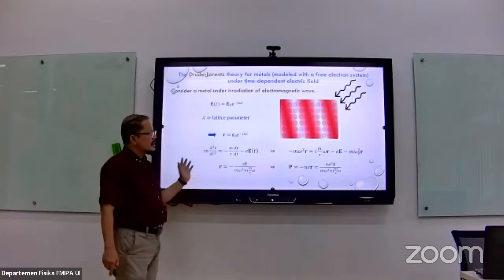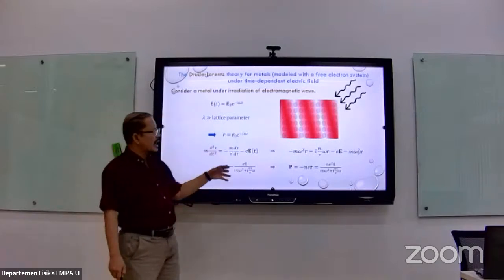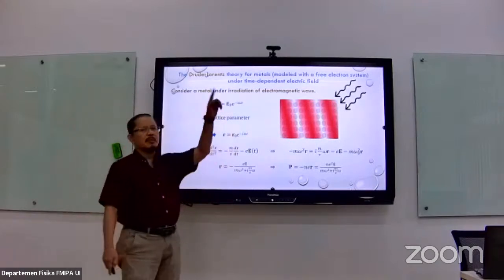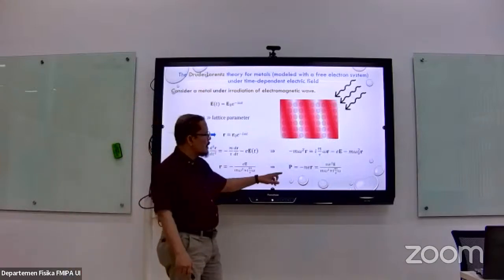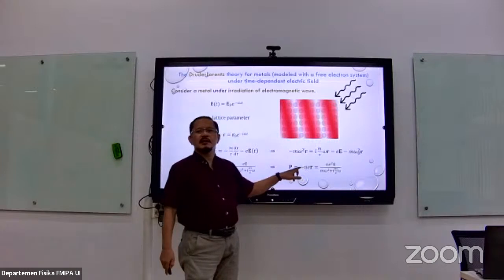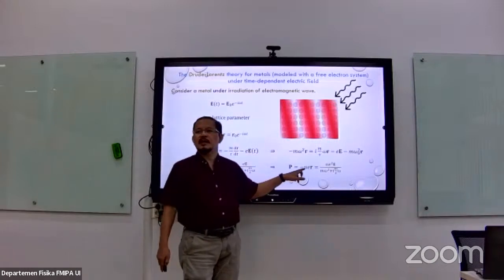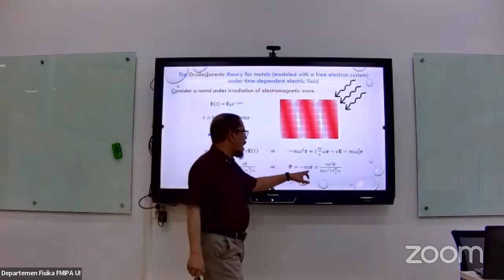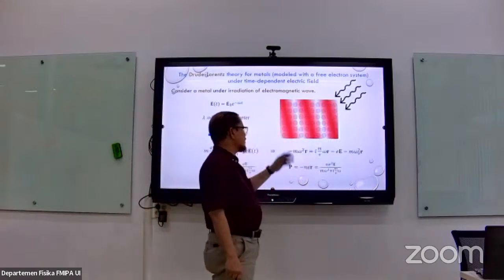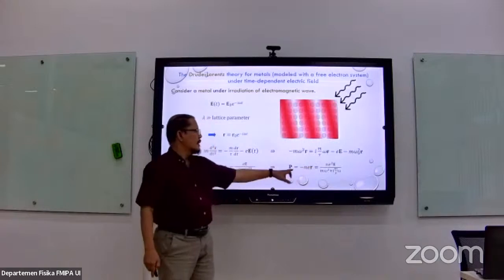Okay. And since we are simply looking at the average, then the summation over all electrons can simply be replaced by the density. So N is the electronic density, the number of electrons over volume. Okay. So R is kind of the average of all electrons. So this is what we get.